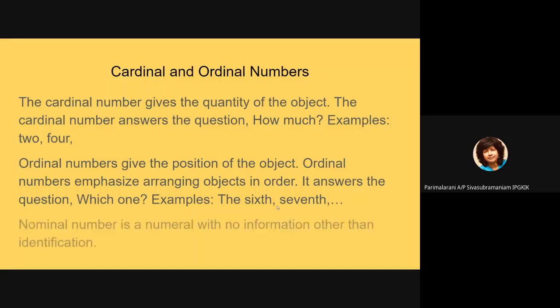Okay, and then we have nominal numbers. A nominal number is a numeral with no information, it's just for identification or classification. Anyone can give me an example of nominal numbers? The number doesn't mean anything.